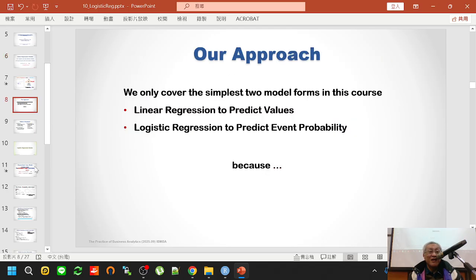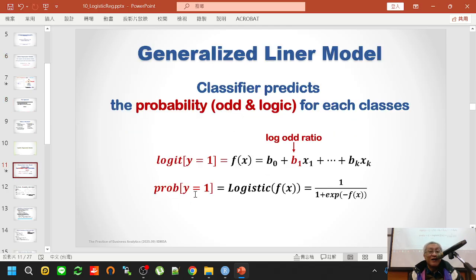But here in logistic regression, our target variable y is binary. The coefficient still lets us infer the marginal effect of x on the probability of y equal to 1, but it's no longer the increment of y.